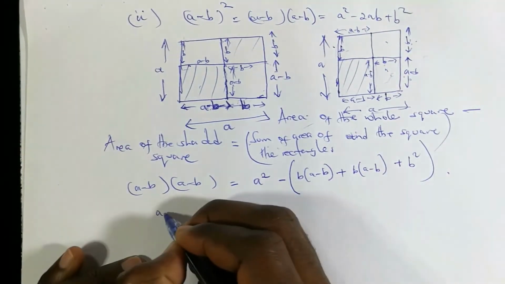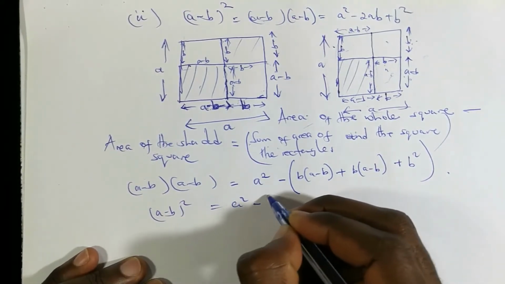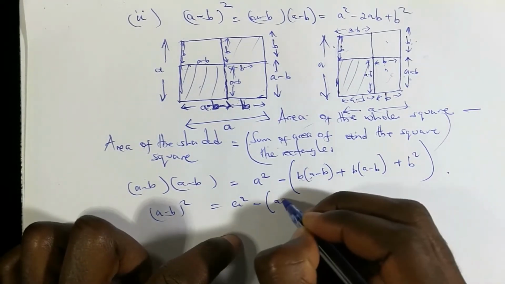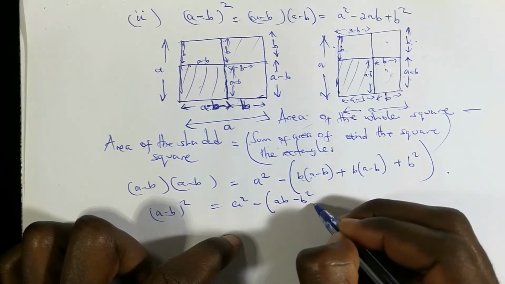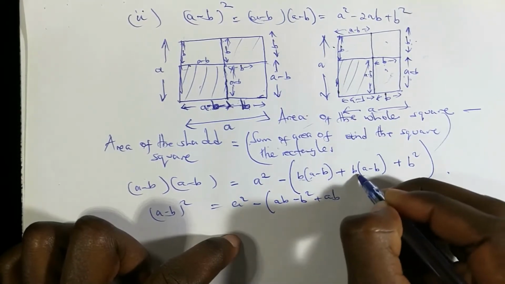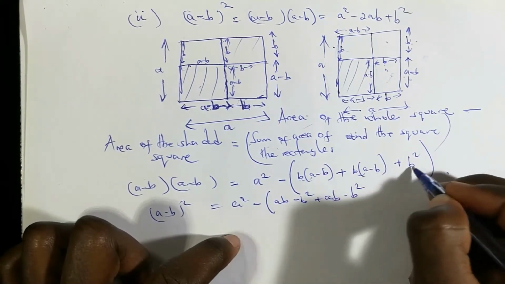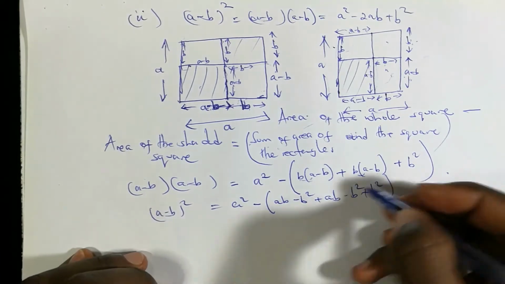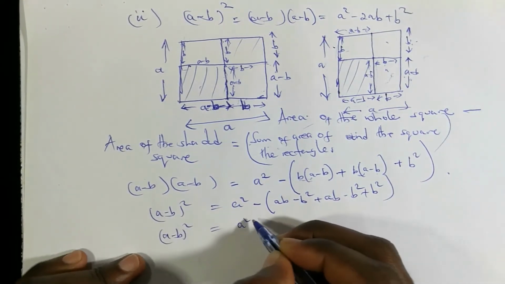So that we are going to have a minus b squared giving us a squared into the bracket. We open this: you have here ab, opening this minus b squared, then plus ab for this, then minus b squared, then plus b squared. See, minus b squared plus b squared will go to 0. We have here a minus b squared giving us a squared. We open now that bracket.